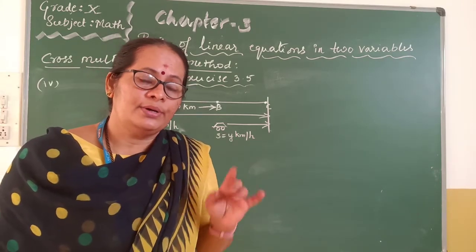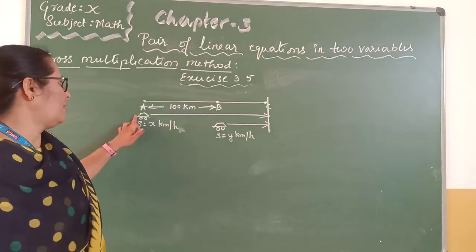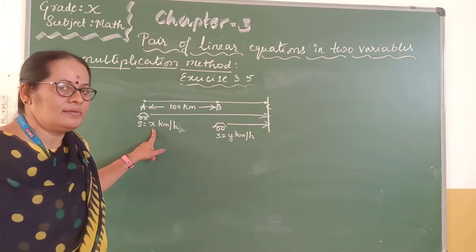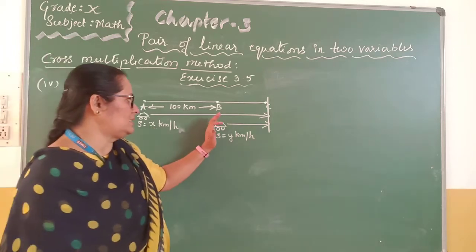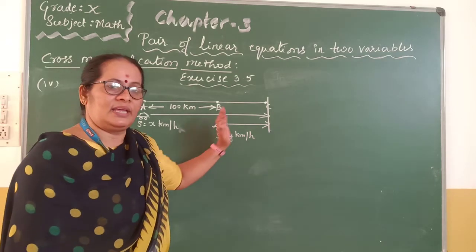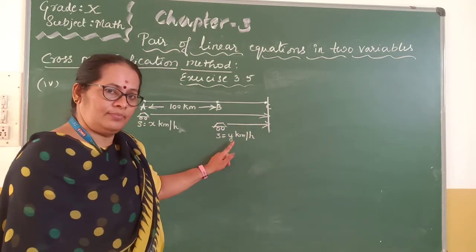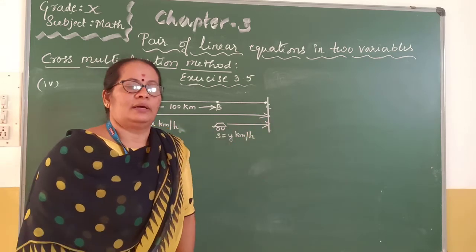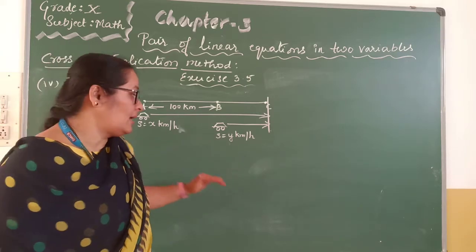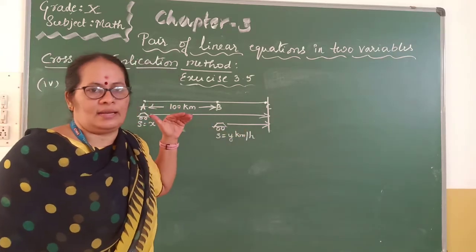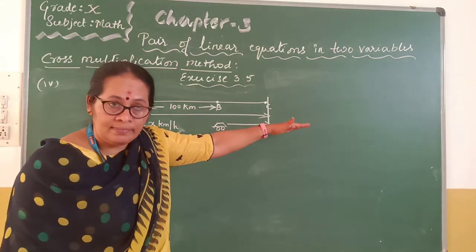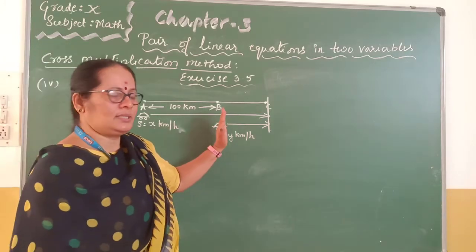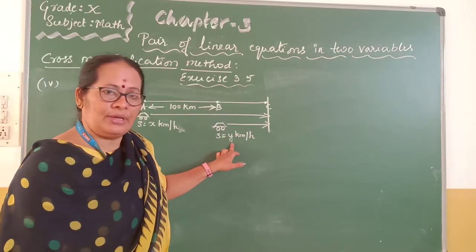Therefore, the distance covered by the car from point A is speed x and time 5 hours, so 5x, and by the car from point B is 5y.